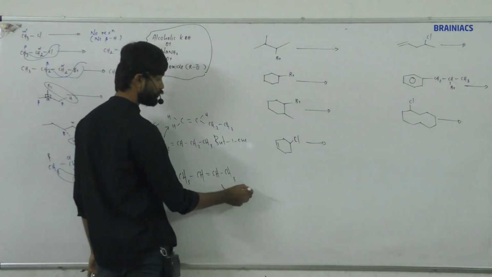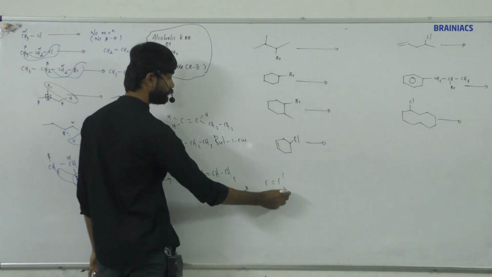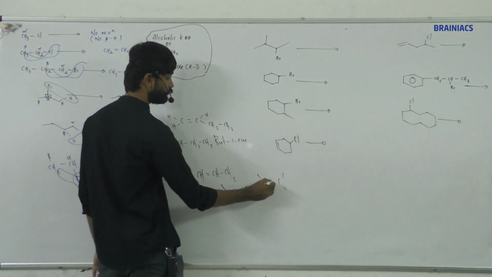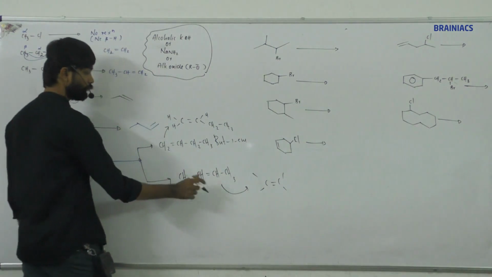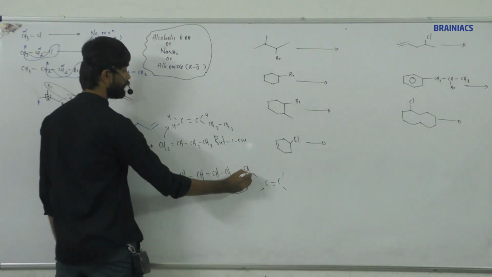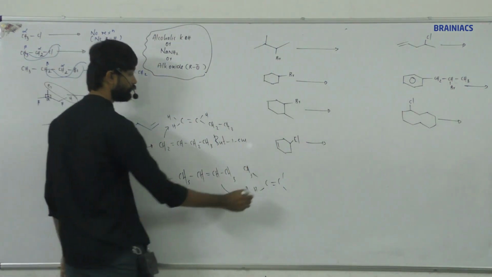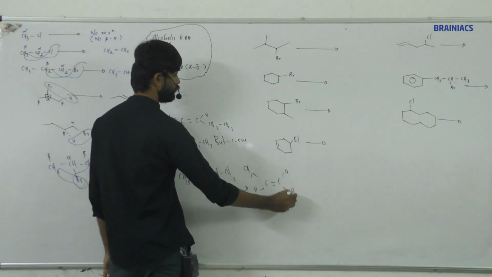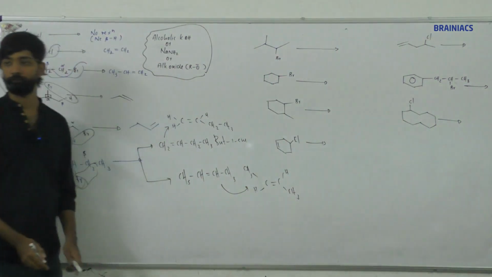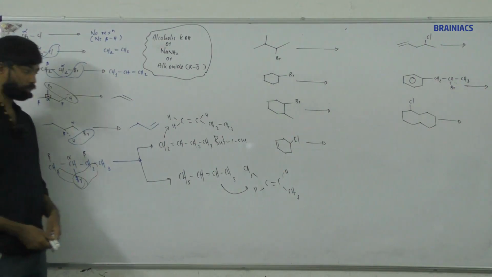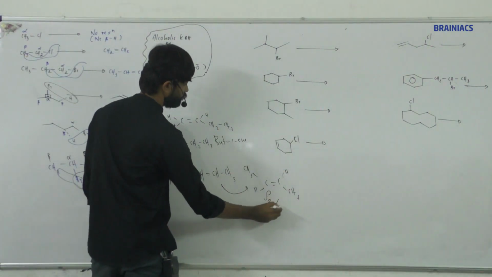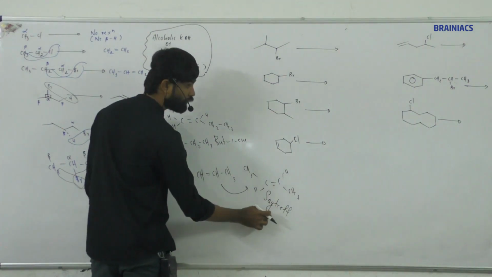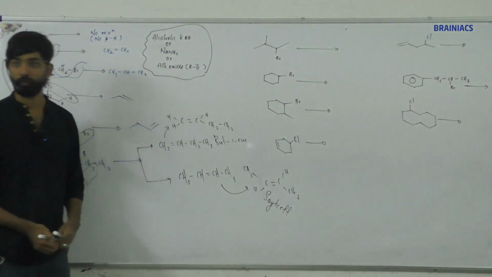Let me draw the molecule. C=C double bond. I have a methyl, hydrogen, methyl, agreed. So according to Saytzeff's rule, this is the major product.